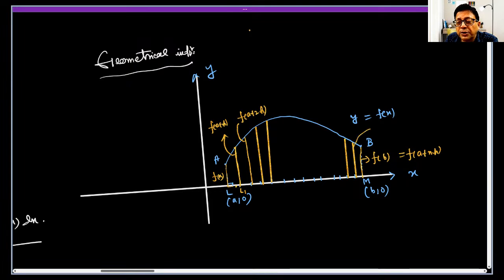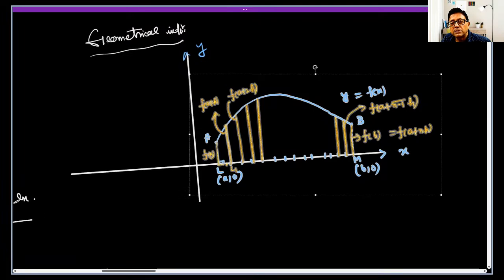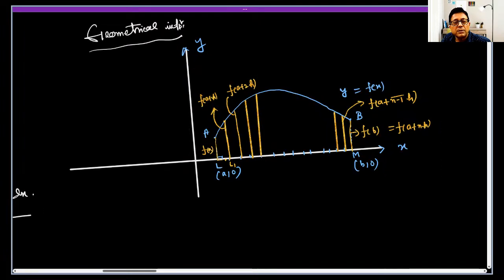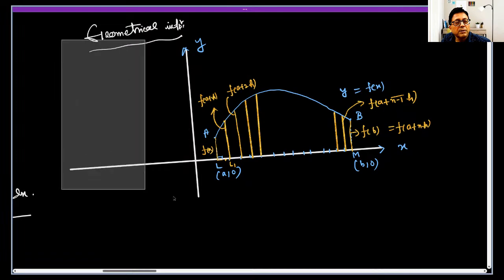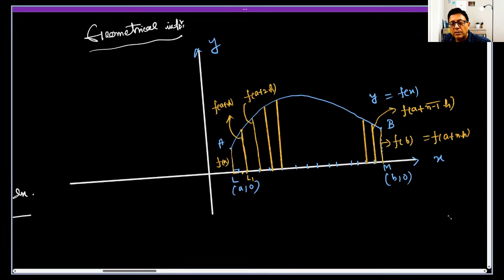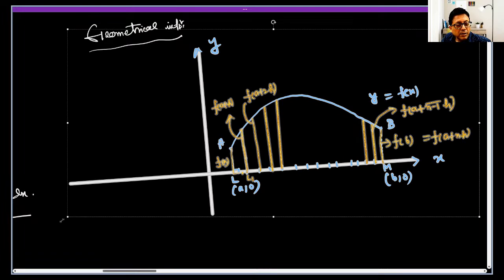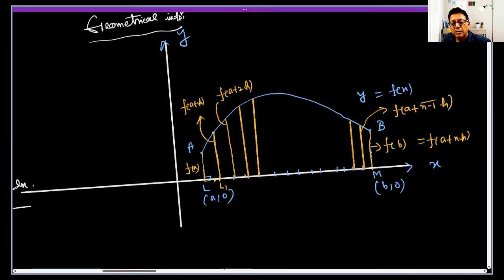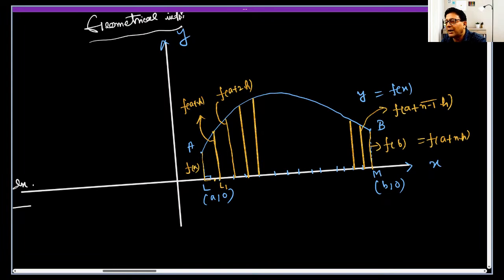Length of this portion is going to be what? f(a plus (n minus 1) into h). Clear? Diagram you understand?